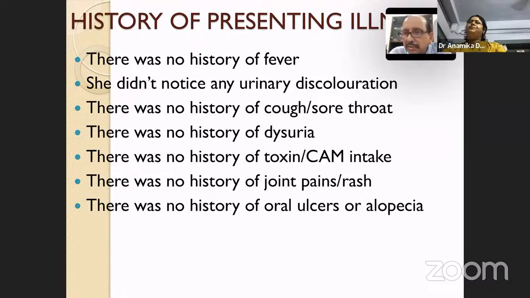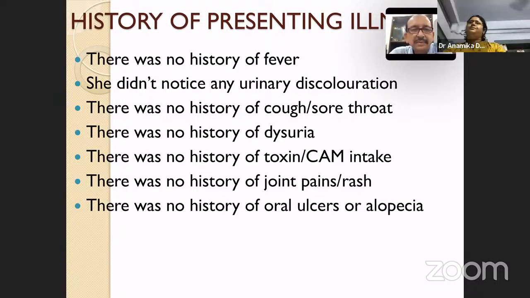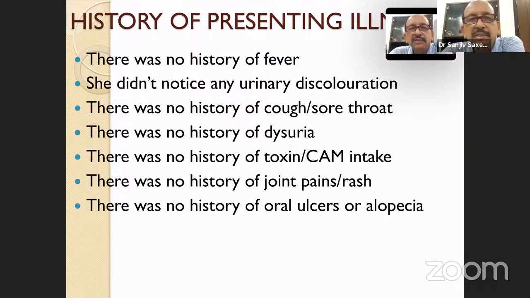So your examiner must know that you are well versed with the lingua that goes along with renal diseases, right? Of course, yes. It's classically cola colored, no? Yes, sir. Right. So did you ask that specifically? Yes, sir. Okay. You should have mentioned that there was no history of hematuria or cola colored urine, right? Fever is correct. Cough and sore throat is correct. Dysuria, okay. Go ahead.